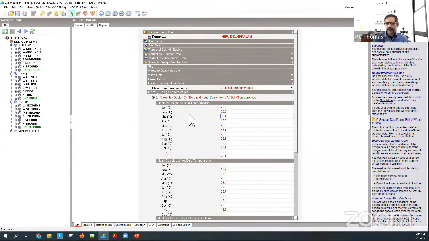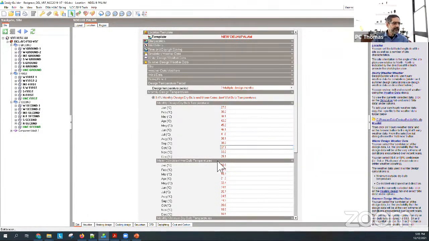And that's done by looking at 10, 20 years of historical data and trying to work out what is a good design condition. In this case, these design conditions are listed in ASHRAE, and ISHRAE will have something. I'm using the ASHRAE conditions. They're programmed into DesignBuilder, so you don't have to worry about it.